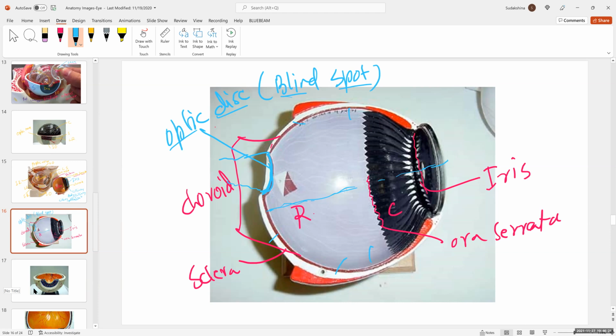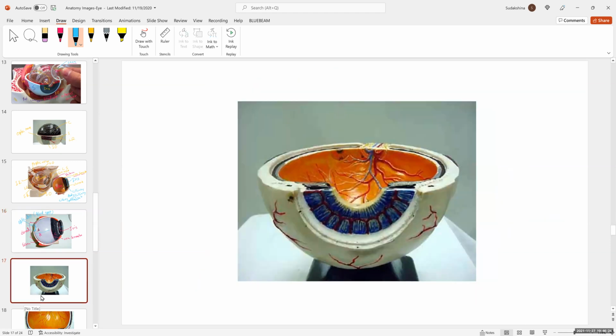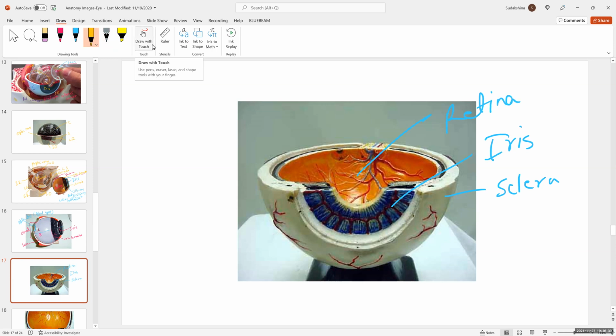Let's turn this, and we are looking at a slightly separate perspective. Same thing. Sclera, iris, retina. You can see right there this optic disc. You can see the optic nerve.